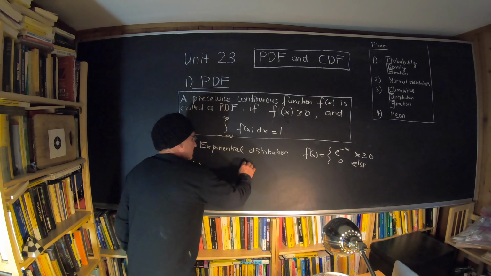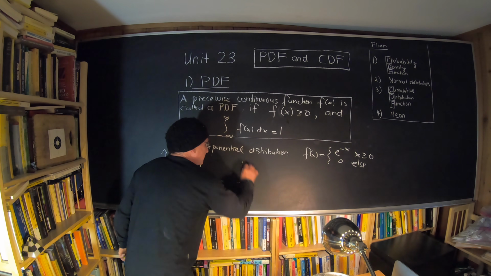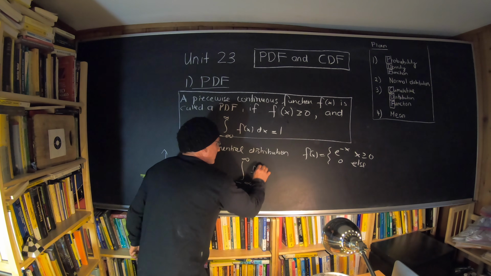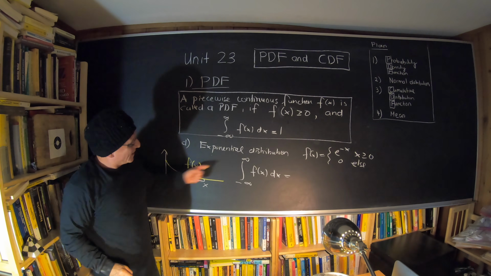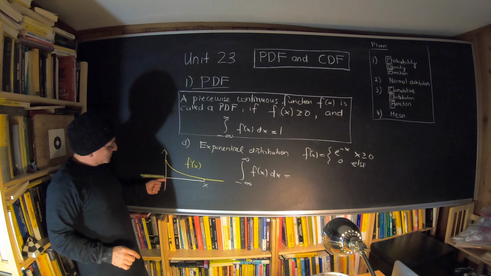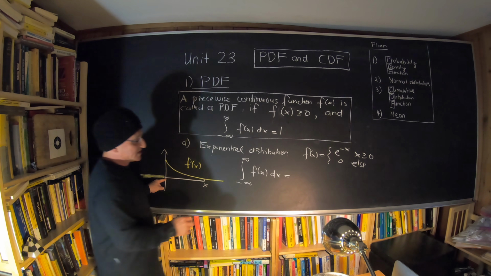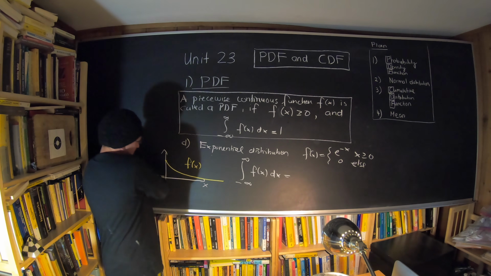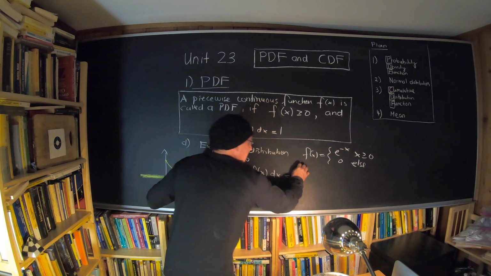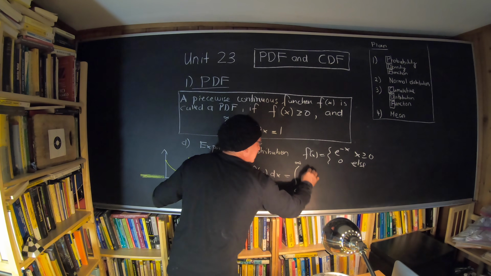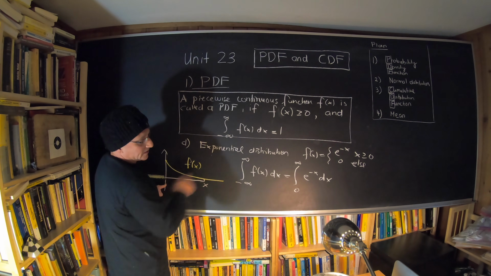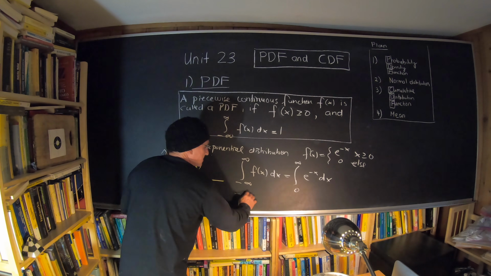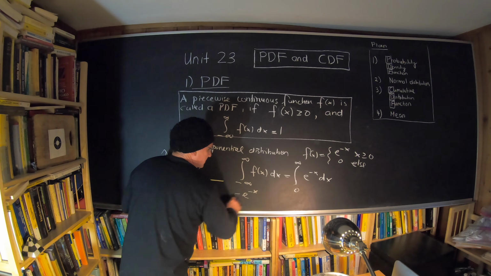And we have to also check the identity, the integral from minus infinity to infinity of f of x dx. So we have to split it up, going from minus infinity to 0, which gives us 0, so it's only counting from 0 to infinity e to the minus x dx. And we know the antiderivative of e to the minus x. This is minus e to the minus x.